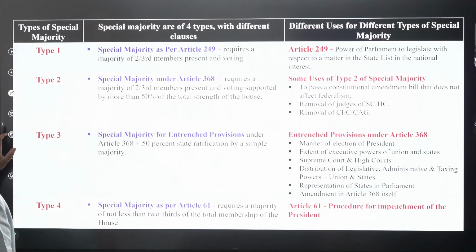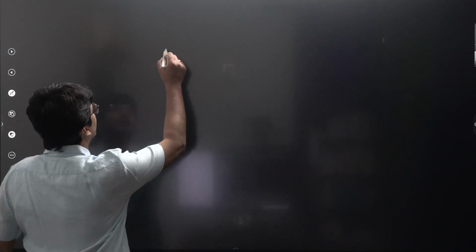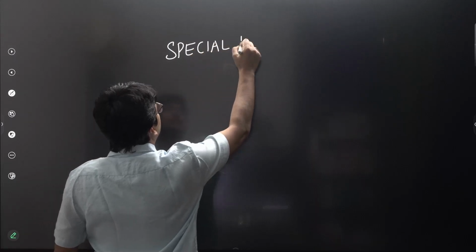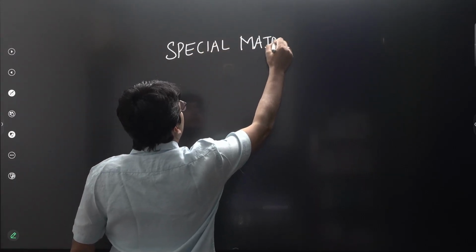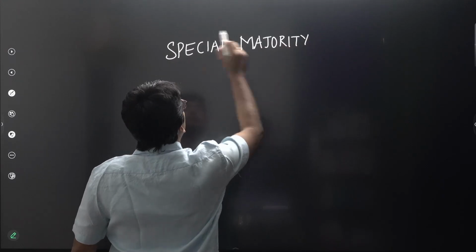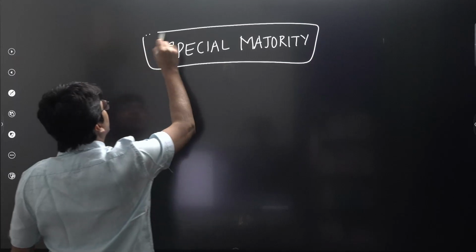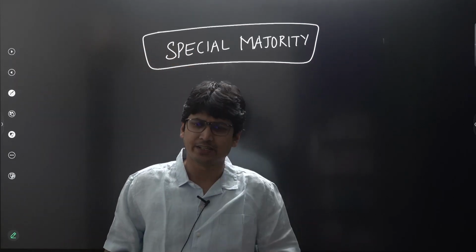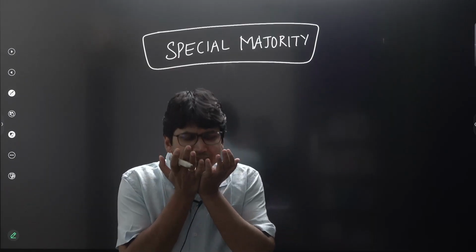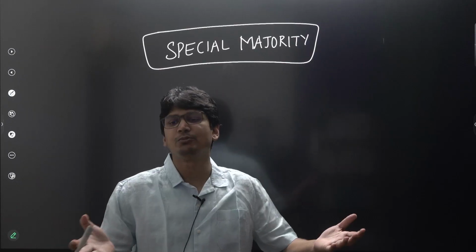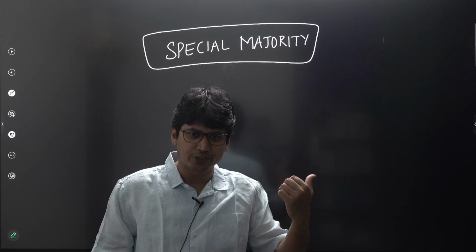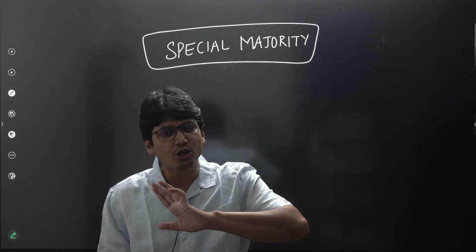Now comes special majority. Please understand certain aspects regarding special majority. One more thing, please know this. In Laxmikant or in any standard textbook, even NCERT, you'll come across terms like simple majority, effective majority, absolute majority, total membership, or special majority. But these terms are not mentioned in the constitution.